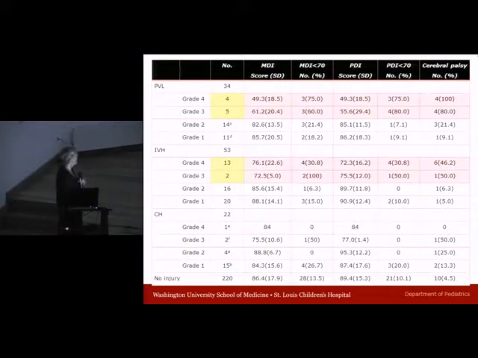And cystic PVL, or this linear hyperintensity, had very high rates of cerebral palsy, whereas IVH was more like 50-50. We didn't have sufficient infants so far, but we will in our next cohort, I'm afraid to say, to look at this cerebellar hemorrhage in more detail, but at least the low-grade unilaterals did not seem to deviate significantly from the children without that lesion at 2.